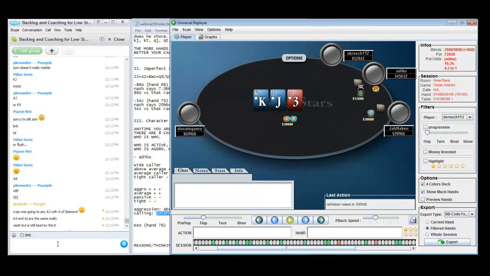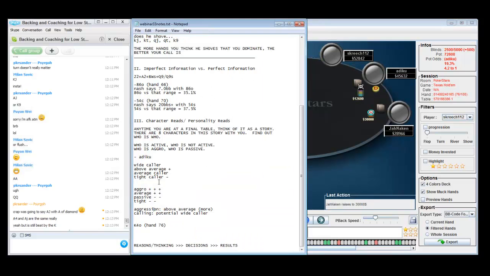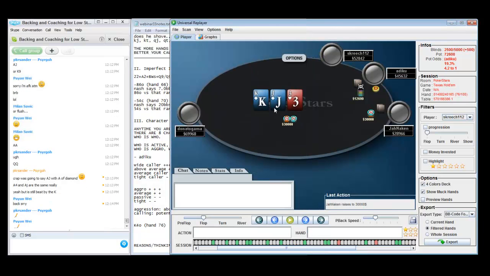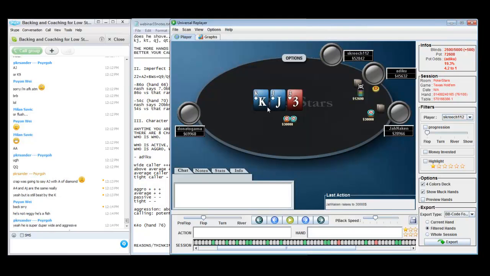Agree with that. In terms of this guy, remember, what we're trying to get out of this is: is he a wide caller, average caller? I mean, sorry, above average, average, or tight? To me, this means really wide. Because at least if he calls here with Ace Jack, even though maybe it's the same poor equity against a king, he may think he just has the best hand.